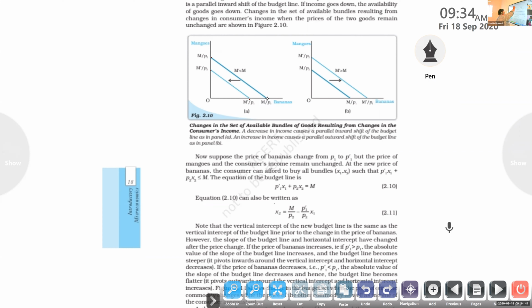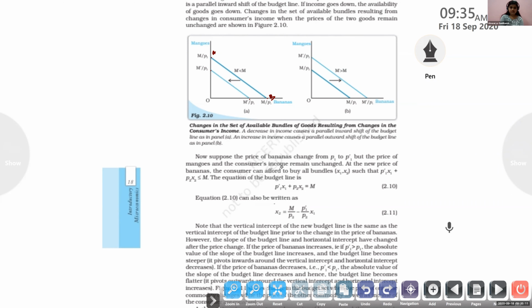Here you can see the second set, I can give here A and B. So this line is the M dash line, the purchase level with the new income. Income increased, so what happened here? An outward parallel line is created here. Is that clear or not?